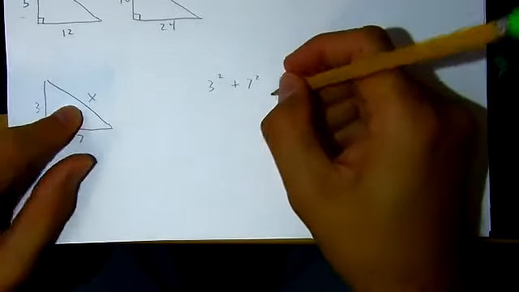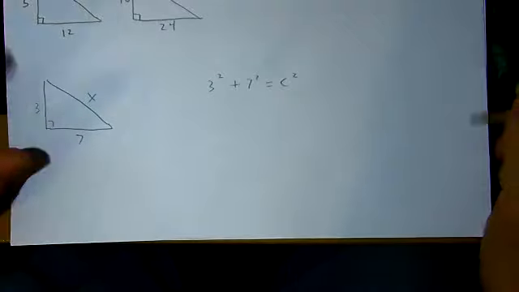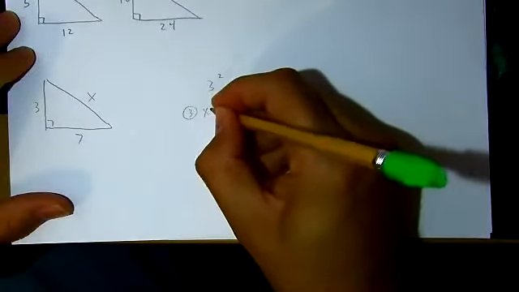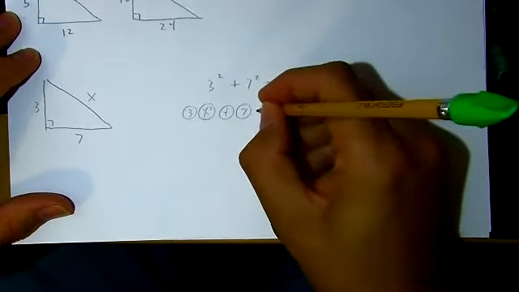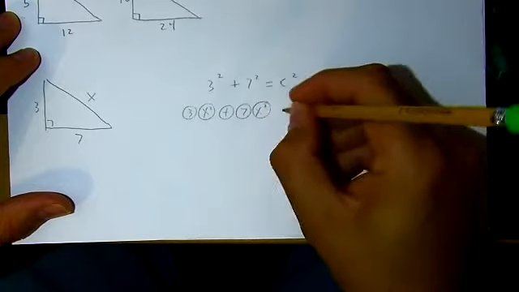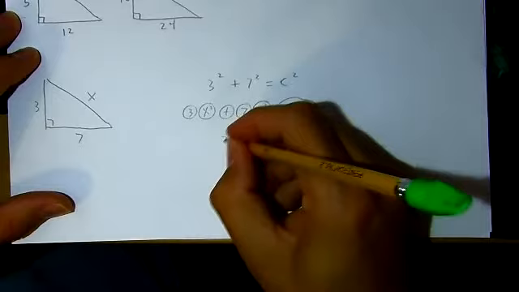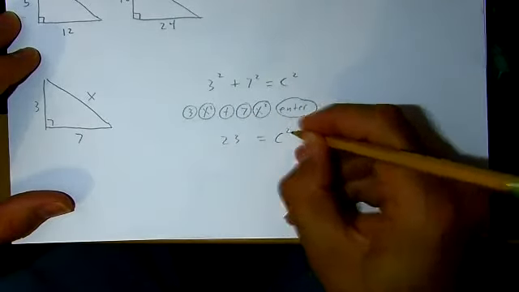And then, of course, we're missing our hypotenuse, so that's going to go there. Punch that in on the calculator by hitting your 3 button, your x squared, plus your 7, your x squared again, and then your enter. And you'll get 58.